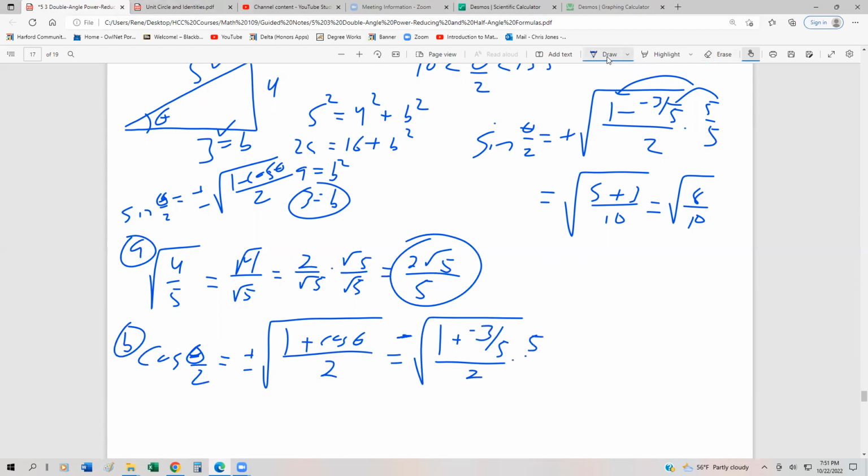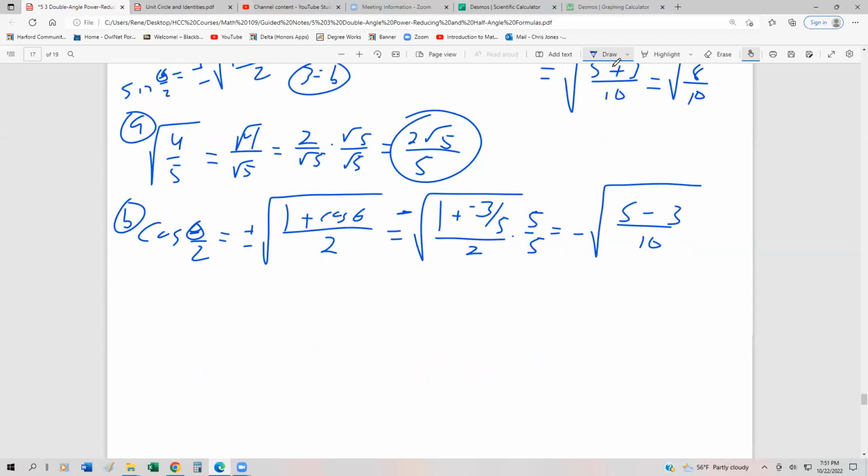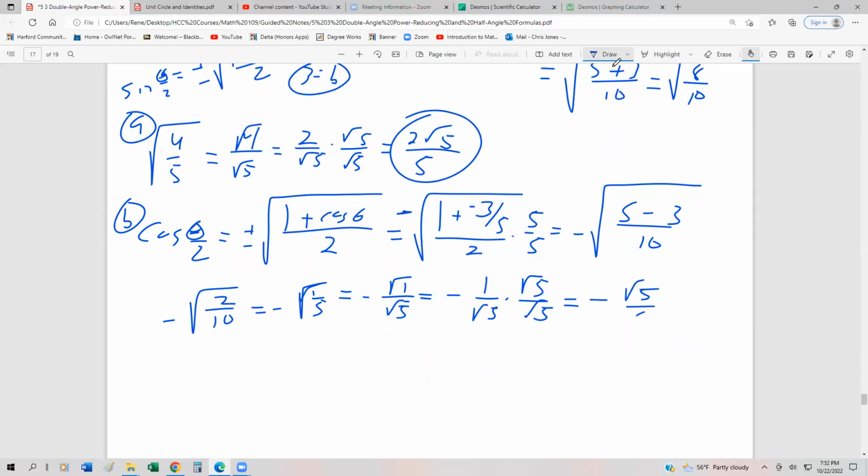So that's going to be 5 minus 3 over 10. We know that 5 minus 3 is 2, so we get negative square root of 2/10, which is the opposite of square root of 1/5, which is the opposite of 1 over root 5. We multiply by root 5 over root 5. That just becomes the opposite of root 5 over 5.